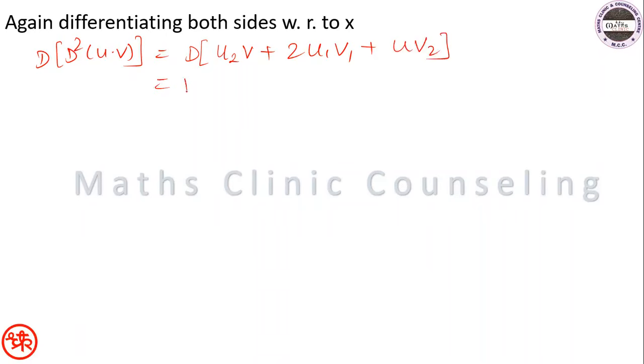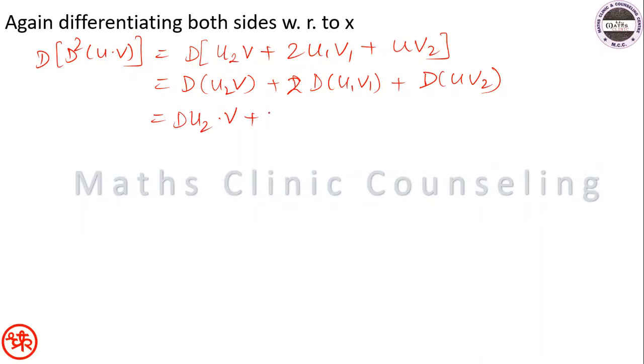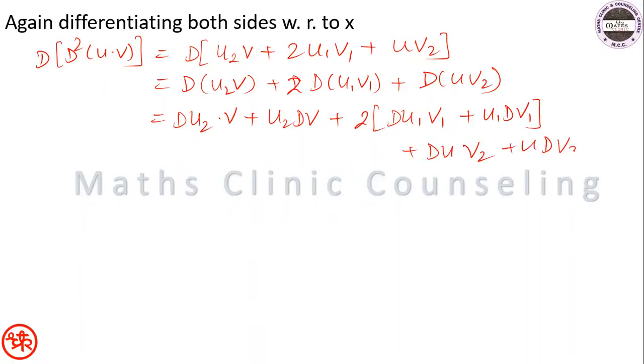So it is equal to d of u2 v plus 2 d of u1 v1 plus d of u v2. Now we apply the product rule. So d of u2 into v plus u2 into d of v, plus 2 into d of u1 into v1 plus u1 into d of v1, plus d of u into v2 plus u into d of v2.